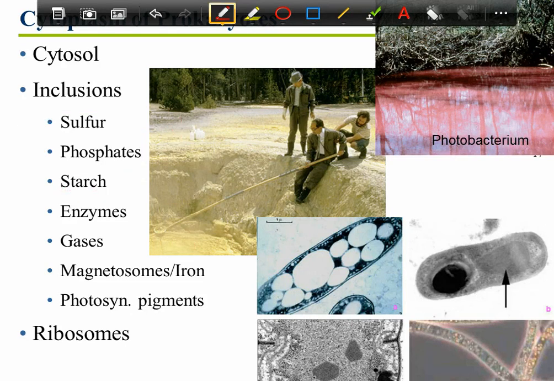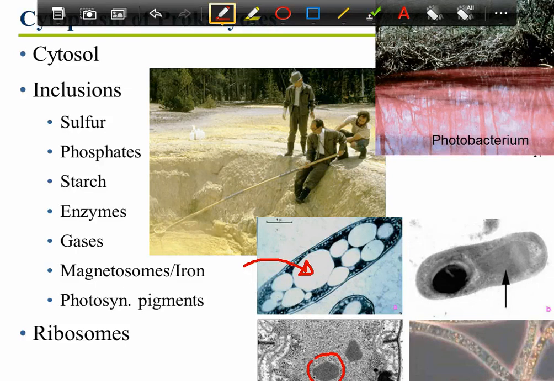Then we've got some microorganisms that store lipids. These are lipid containing. They also can be used for energy. Then we've got some bacteria that can store enzymes in little packets.